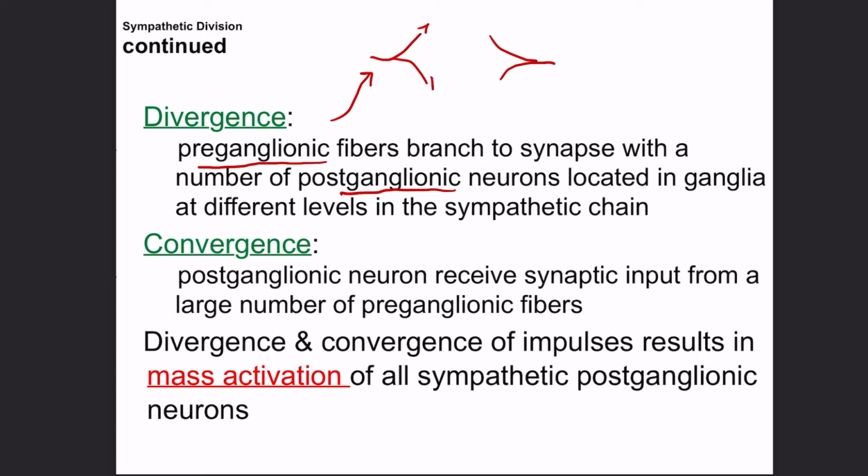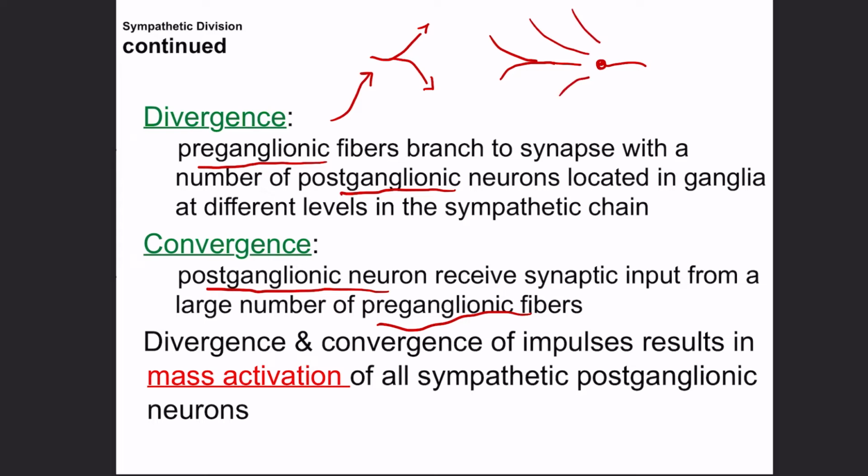They'll be able to synapse with many more. Whereas postganglionic neurons receive input from a lot of preganglionic fibers. And so say this is one postganglionic neuron right here, receiving a lot of information from different preganglionic neurons.